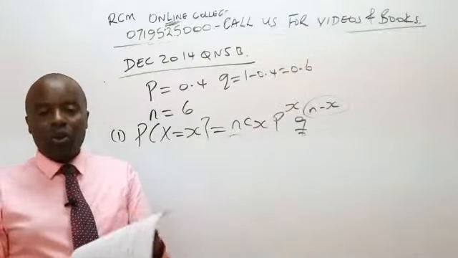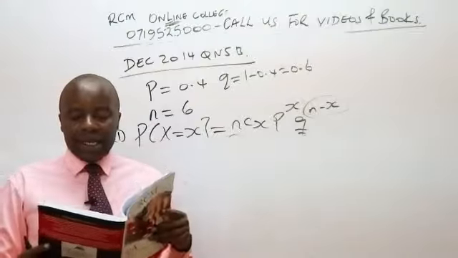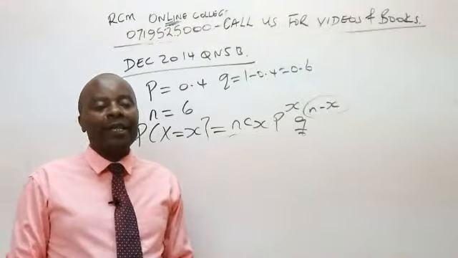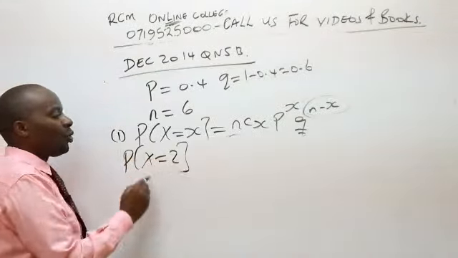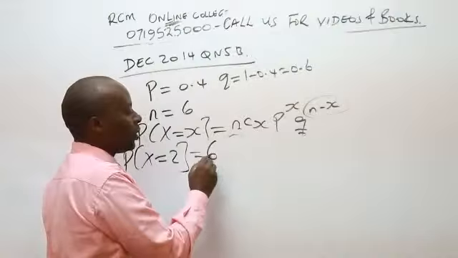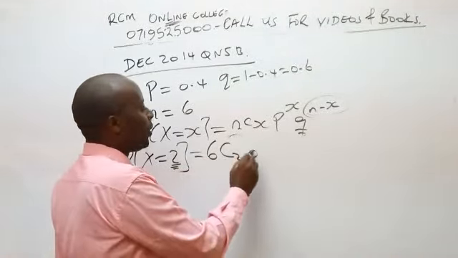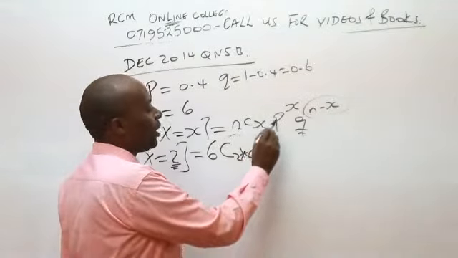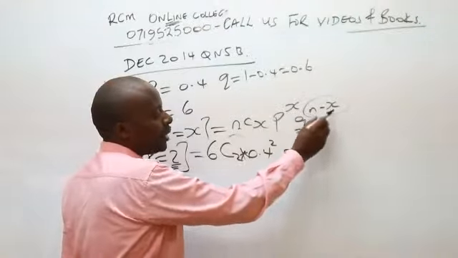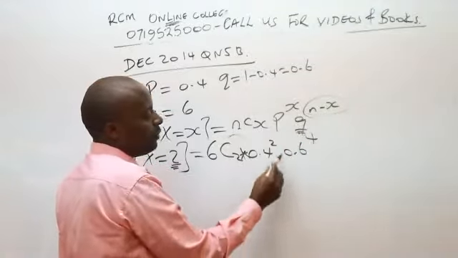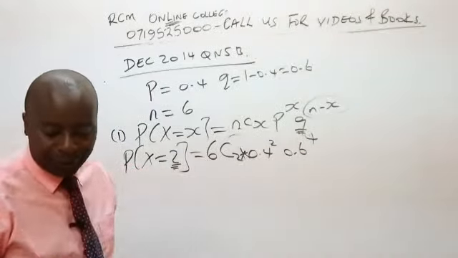Now we go to the second question, still under December 2014. Exactly 2 households were affected, so probability of X being equal to 2. N still stands, 6 combinations X, where X is 2. P, which is 0.4, raised to X, which is 2, times 0.6, which is my Q, raised to the balancing power. The balancing power here will be 4, given that the two powers must add up to 6.